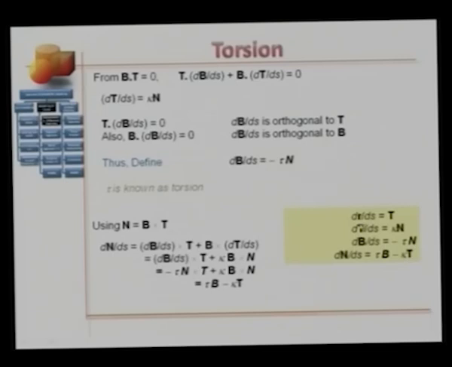If you see the left hand side of these relations, r, t, b, and n, the left hand sides express the first derivatives with respect to s, and the right hand side respectively express the corresponding results.